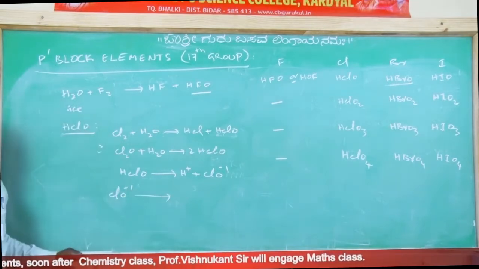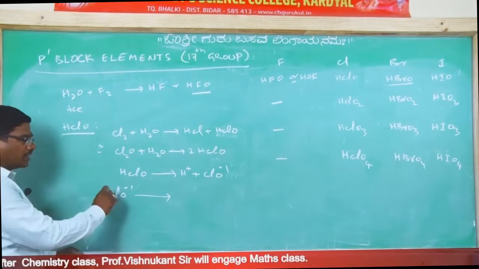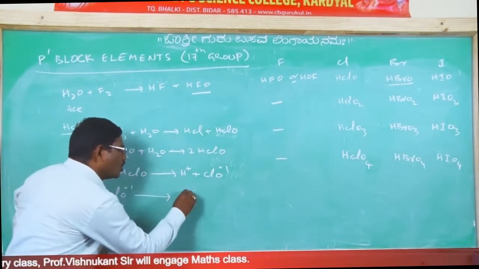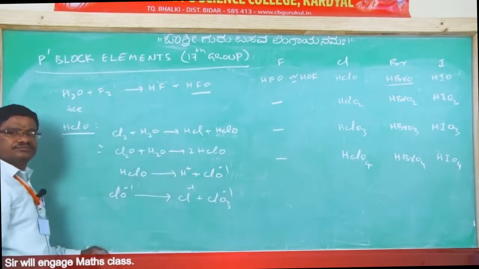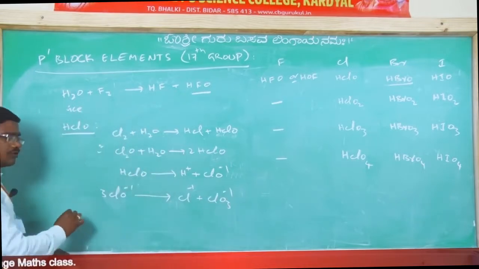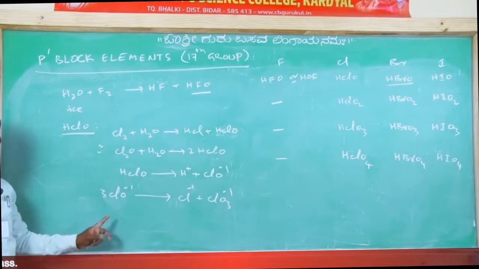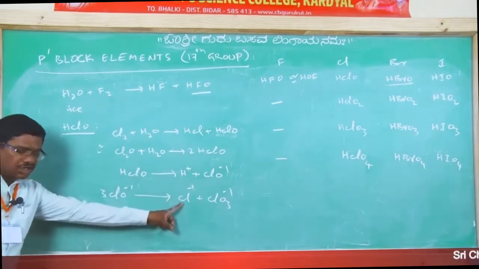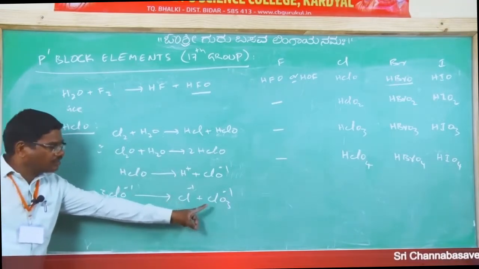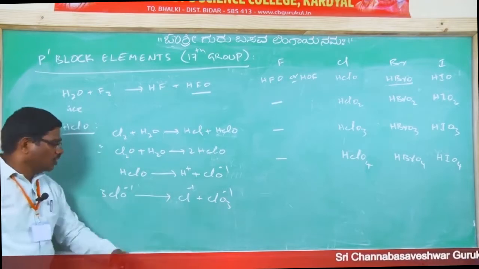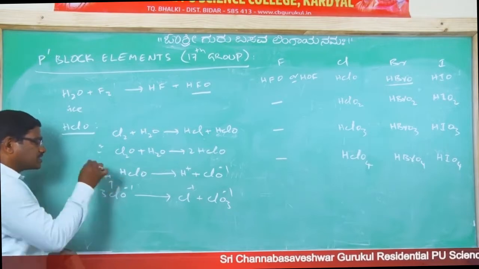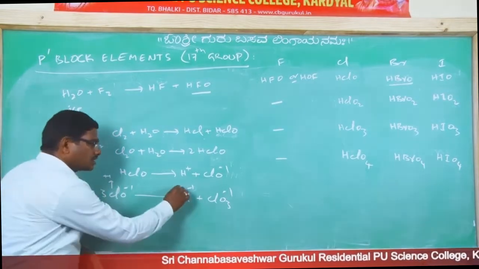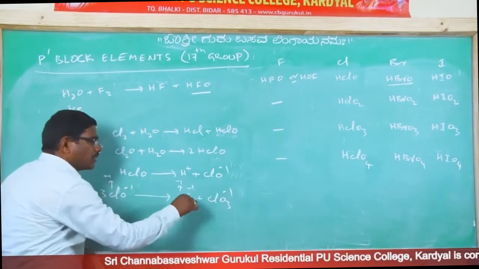When ClO minus undergoes disproportionation, it gives Cl minus and ClO3 minus. Here 3 moles of hypochlorite undergo disproportionation to give chloride as well as chlorate. If you consider here, the oxidation number of chlorine is +1. Here the oxidation number of chlorine is -1.